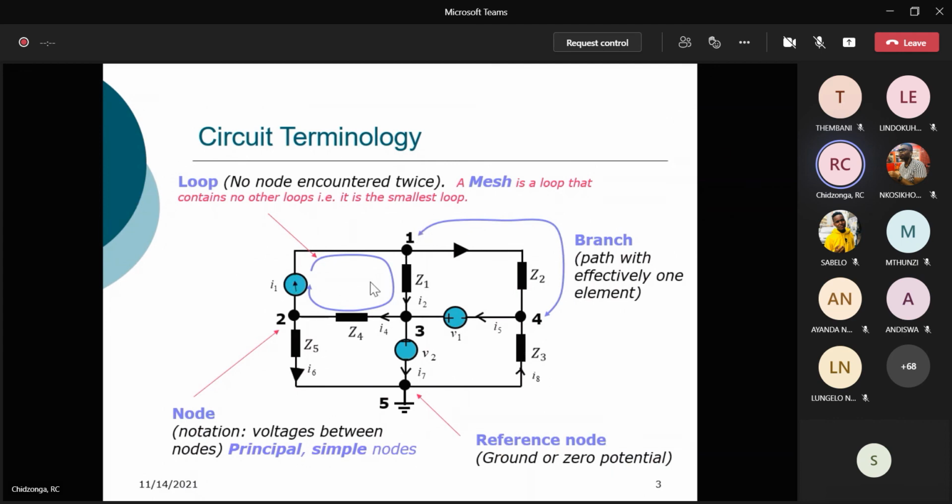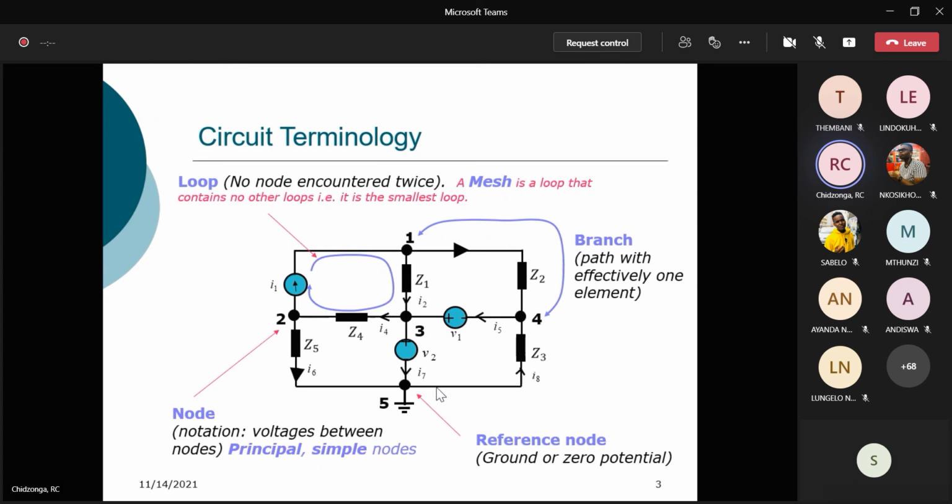A source is an element, that impedance Z1 is an element, and Z2 is also an element connected at one point, and that common point is what we call a node. Now, for circuit analysis, we always number these nodes. So as you can see in this simple circuit here, they are numbered 1, 2, 3, 4, up to 5.